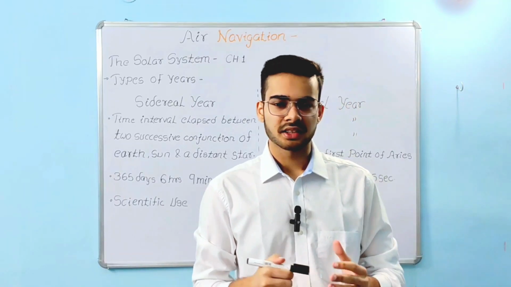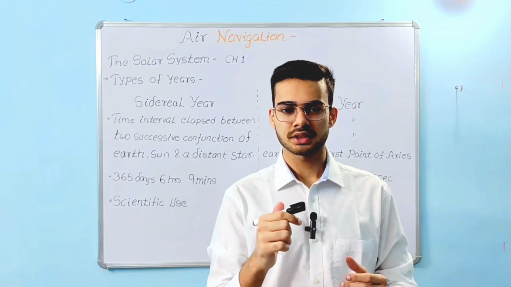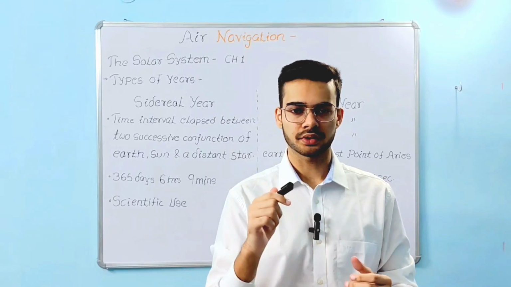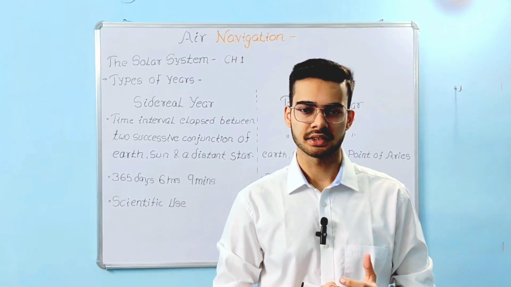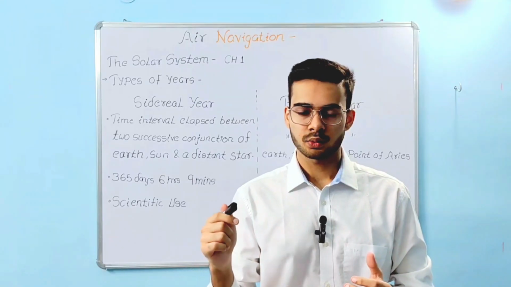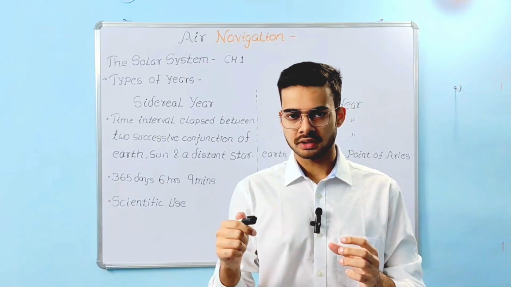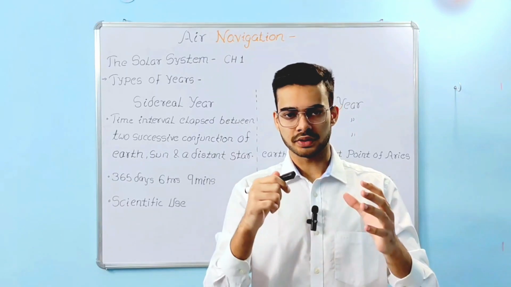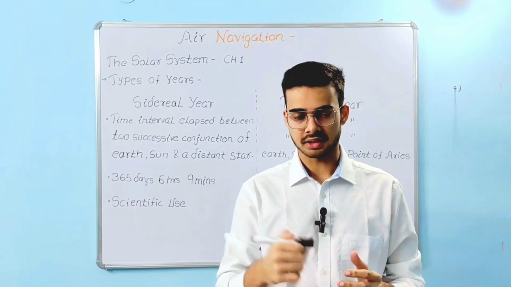So the definition says time interval elapsed between two successive conjunctions of Earth, Sun, and a distant star is called sidereal year. A distant star, why? Because if we took a star close to us, the relative motion of the Earth to that star would matter a lot, like Sun is a star.